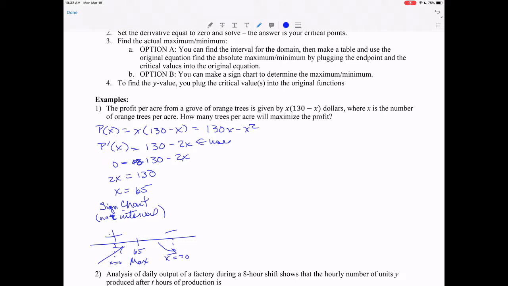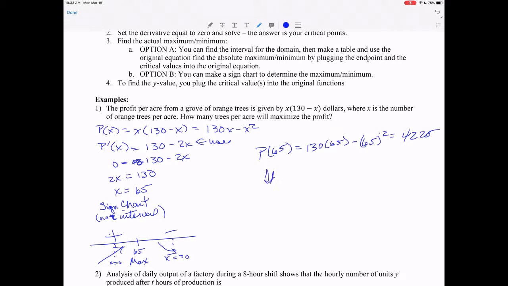All right. Now it wants to know how many trees per acre will maximize the profit. So it wants to know how many trees. I can also find the maximum profit by putting the 65 back into the profit. And so I get 130 times 65 minus 65 squared, and I get 4,225.